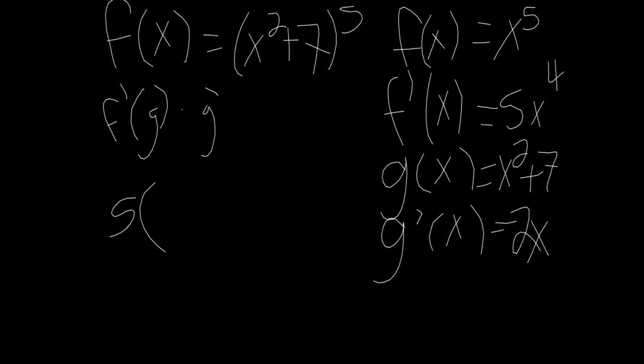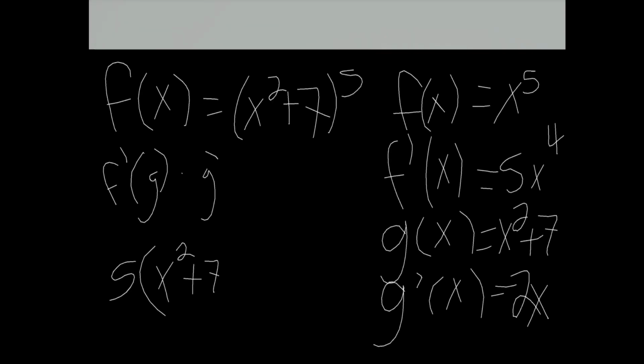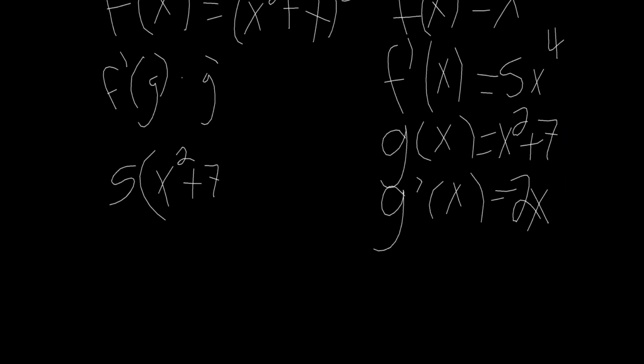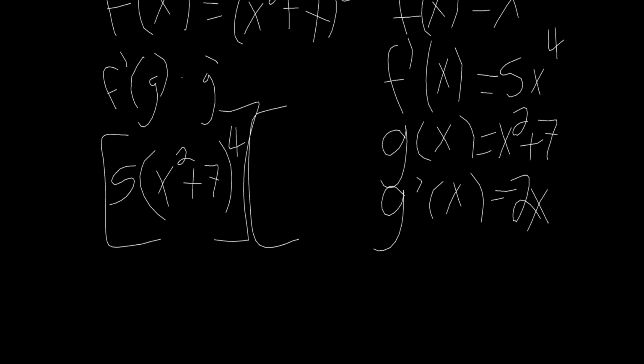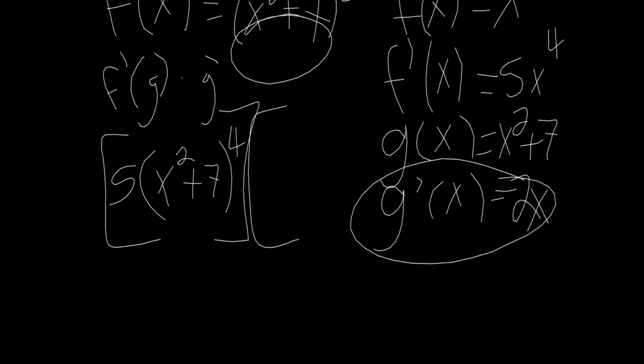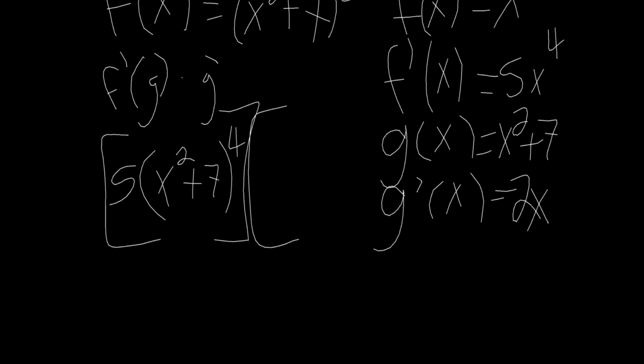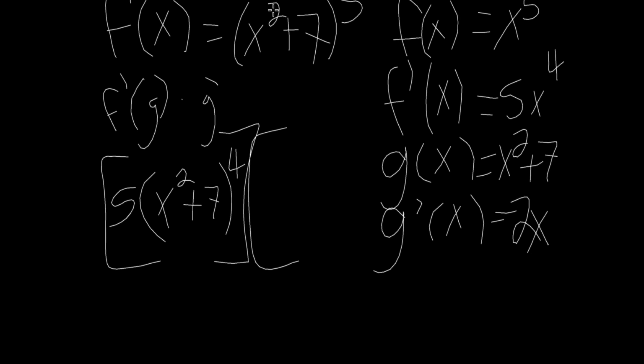So we have x squared plus 7, all raised to the 4th power. We're basically inputting this into here. Times, so we multiply this whole thing by g prime, the derivative of what is here, which is just 2x. This is equal to f prime of x.